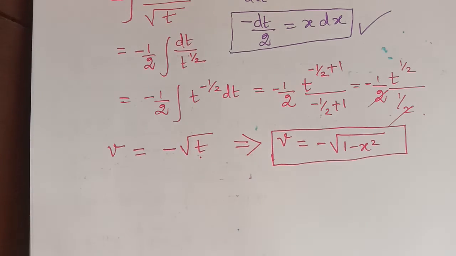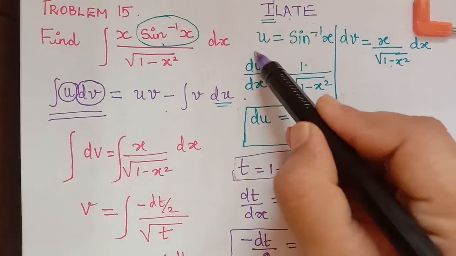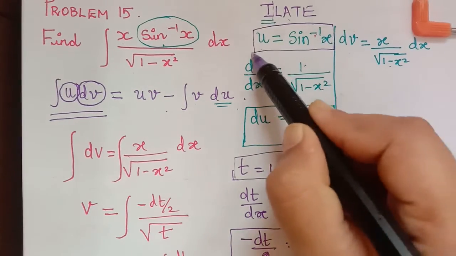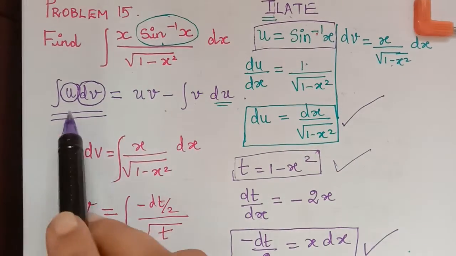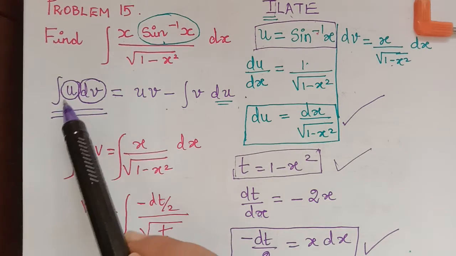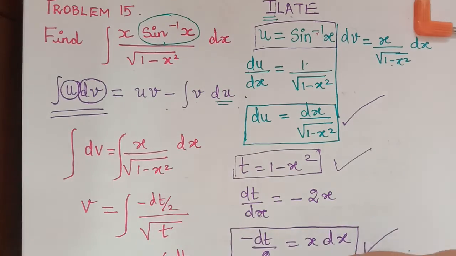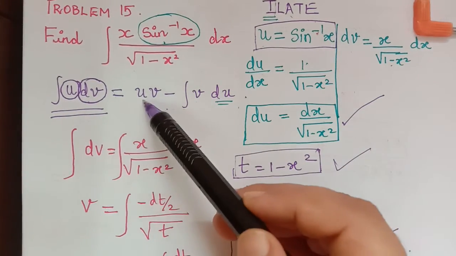So after this we have to substitute this v and then this u that we have taken, and this du, in this formula. So let us do that now. As per the formula, integral u dv is the given question, which is equal to uv minus integral v du.